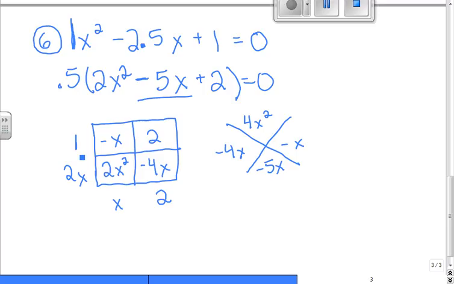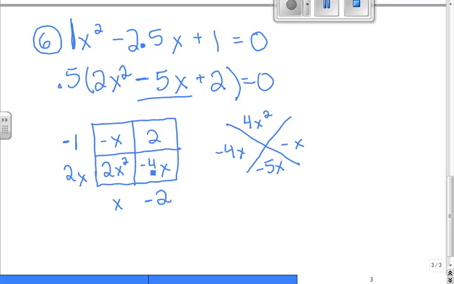Now we need to check it. Is 1 times 2, 2? Yes. Is 1 times x negative x? No. So we need a negative. Now let's go back. Is negative 1 times 2 positive 2? Nope. So we're going to have to put another negative here. Now let's check. Negative 2 times negative 1 is positive 2.